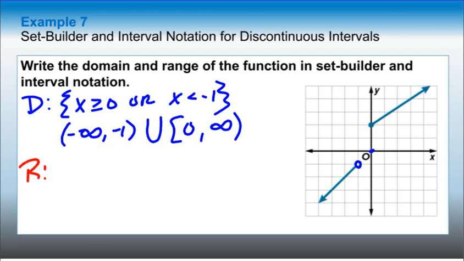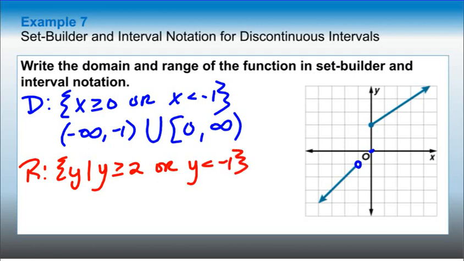The range in set builder notation, we would have y such that, if we look at the top one, y is greater than or equal to 2, or on the low end, y is less than -1. And then put that in interval notation.